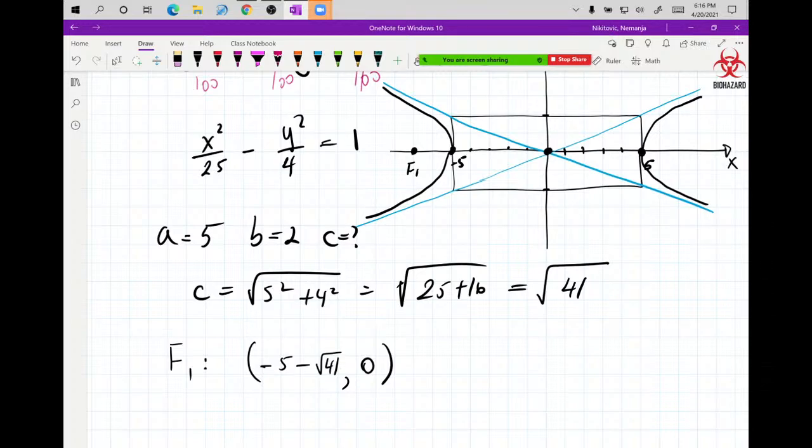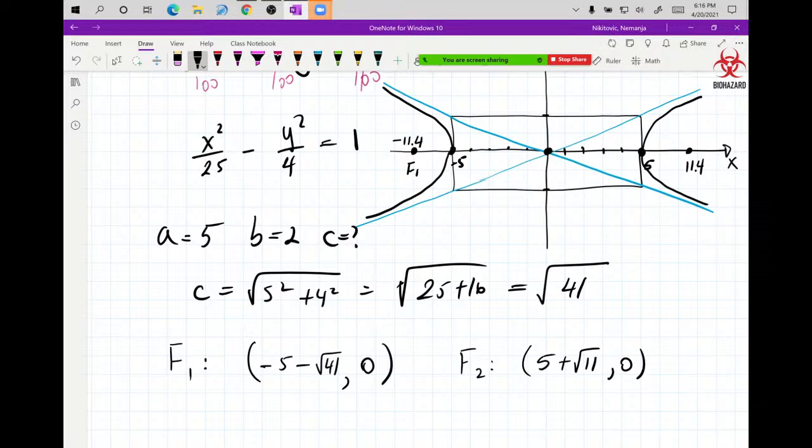So the focal point is at negative 11.4. That doesn't look like what we have here on the picture, but that's okay. Now, the other focal point, F2 on the other side, is going to be 5 plus the square root of 41 comma 0, which would give us 11.4 on that side. Now, obviously, it's going to be symmetric, right, because it's centered at the origin.